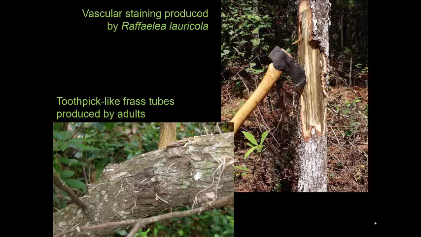In this case, we see on the lower left picture toothpick-like frass tubes. Again, that's the packed sawdust that the adult is pushing out the hole as it's making the tunnel for the larvae. And on the right, you can see vascular staining that would be produced by the Fusarium involved in laurel wilt.